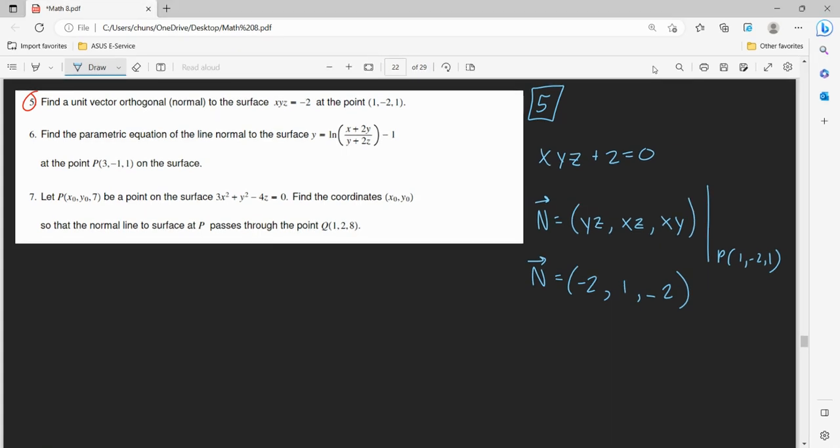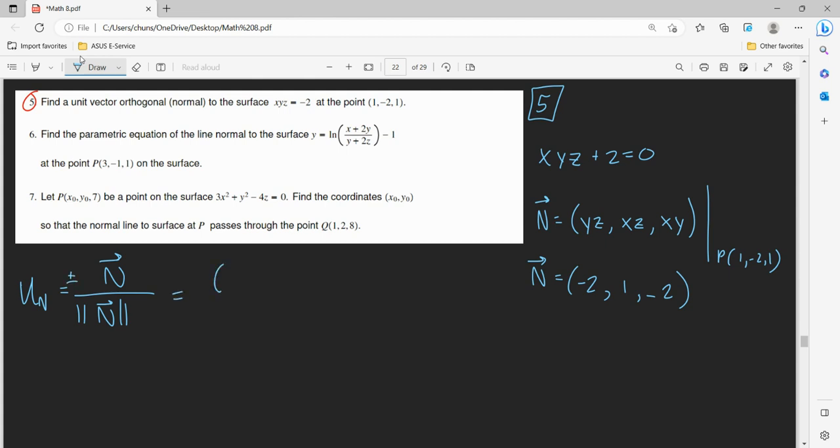So now to find our unit vector for our normal. Remember, if we have a vector, a unit vector can be directed along the same path, positive or negative direction, with a magnitude of 1. So it's basically just in the same direction. We know how to find our unit vector, which is equal to our vector over the magnitude of our vector. And since it could be going in either direction, we're going to add our positive or negative sign.